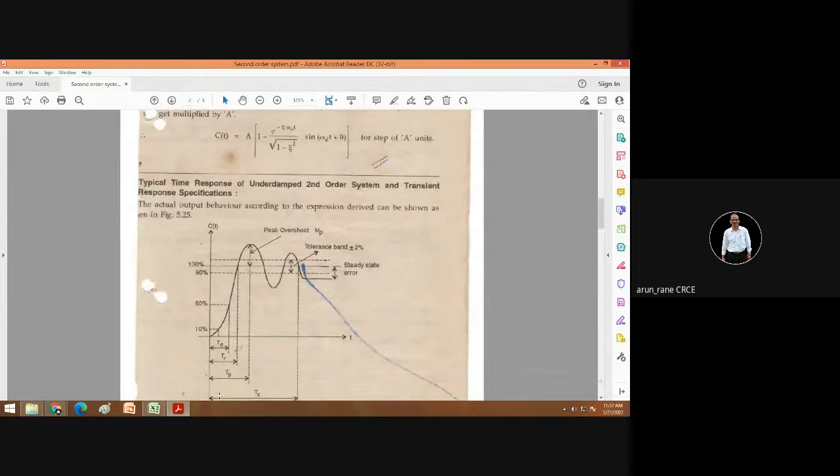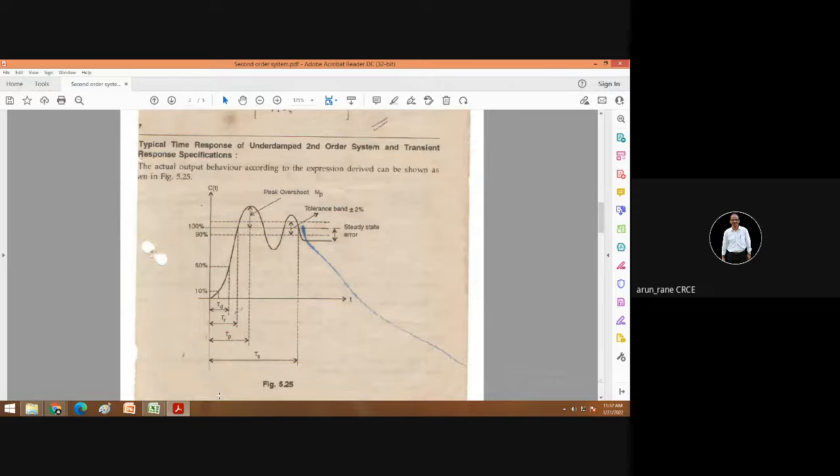Now there are some terms you need to understand, which are given in this graph. So just have a look for a minute here.